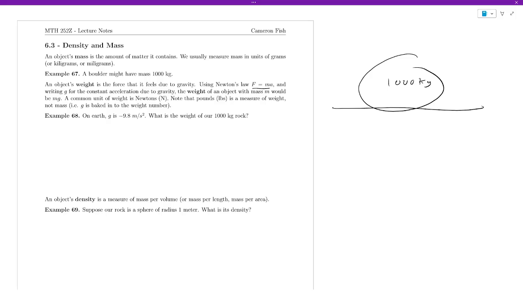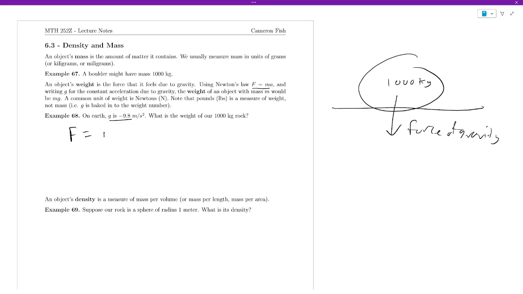So on Earth, the acceleration due to gravity is this number. It's something you could measure if you do some experiments, and it's this number, negative 9.8 meters per second squared. So the idea is the rock, when it's just sitting on the ground, feels this force of gravity, and that would be a stronger force if we were on a different planet or whatever. We can just compute the force due to gravity that it feels.